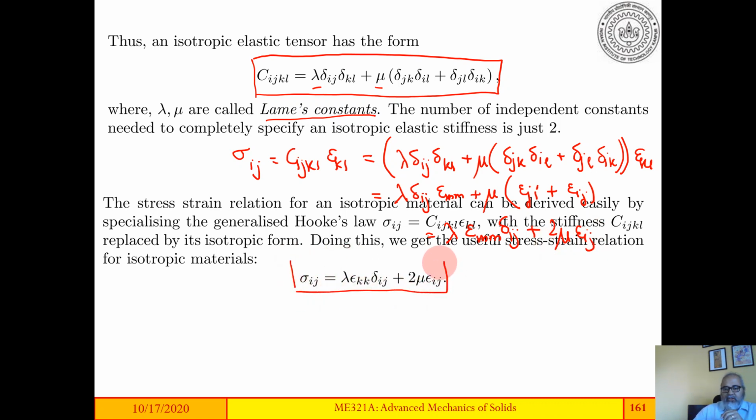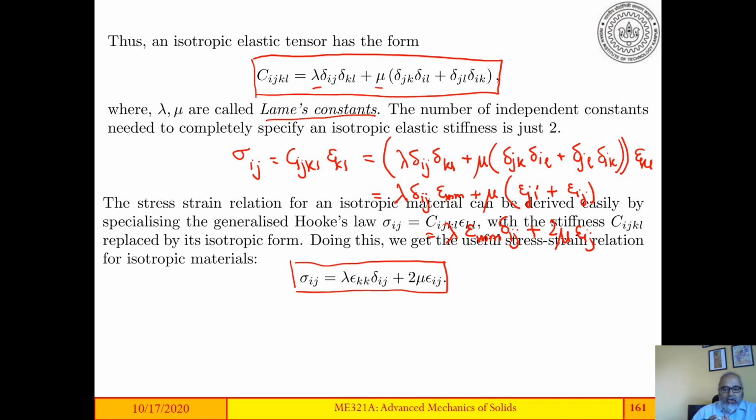This is your isotropic stress strain relation for a linearly elastic material. So very special case, but this is very popular, especially when dealing with metals, because most ductile metals that are used for structural purposes turn out to be isotropic or very nearly isotropic, and bulk metal, not sheet metal. Sheet metal is very often not isotropic, but bulk metals are mostly isotropic.